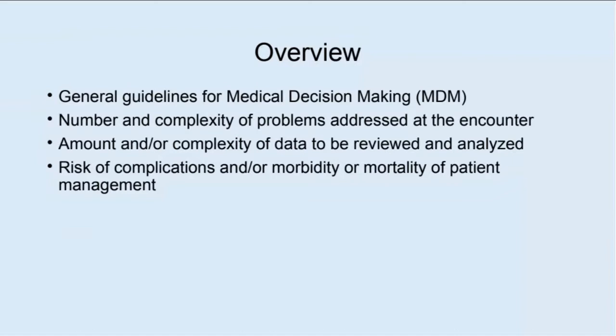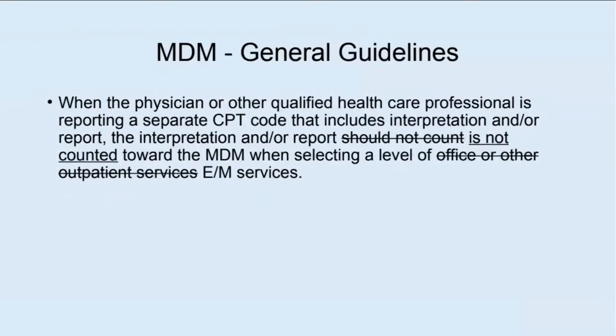Let's start with changes to the guidelines. The part that is underlined here is words added to the paragraph. The part that's crossed out was deleted from 2022 to 2023. So, general guidelines: when the physician or other qualified healthcare professional is reporting a separate CPT code that includes interpretation and/or report, the interpretation and/or report is not counted towards the MDM when selecting a level of E&M services.